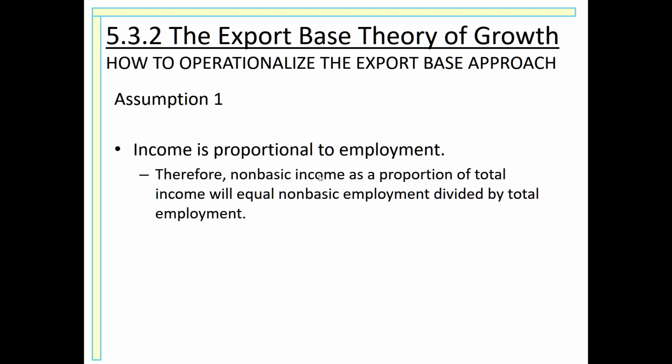In the example we saw in the previous video and also in the Excel example that I posted, non-basic income was $35. Why? That was 35% of the export income, which was $100. That as a proportion of total income, which is 35%, will be equal to the proportion of non-export employment, or non-basic employment, divided by total employment.